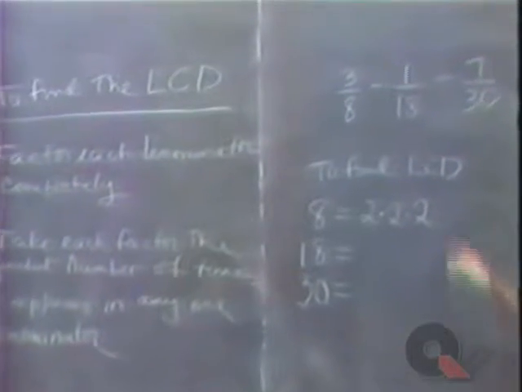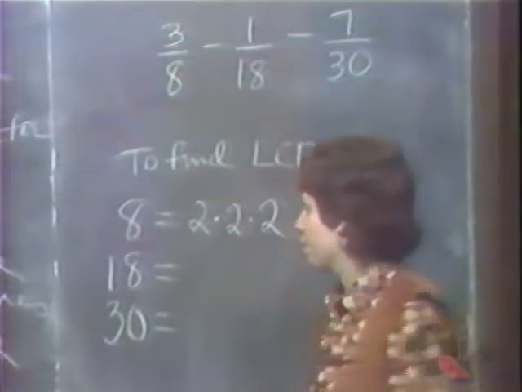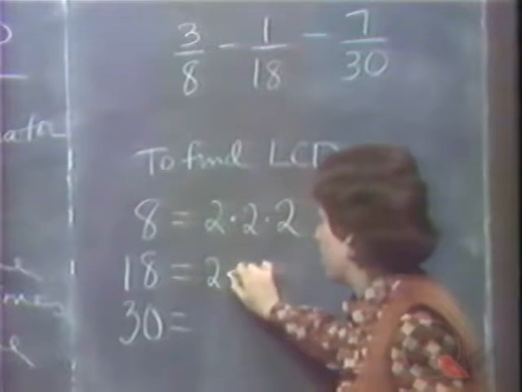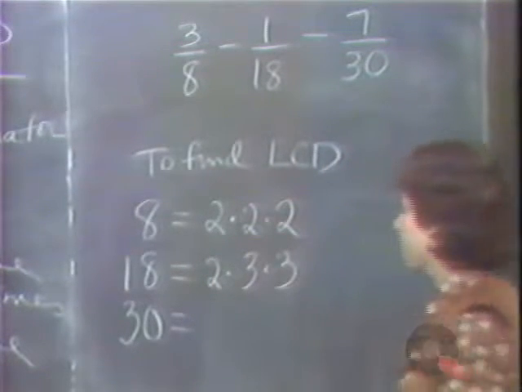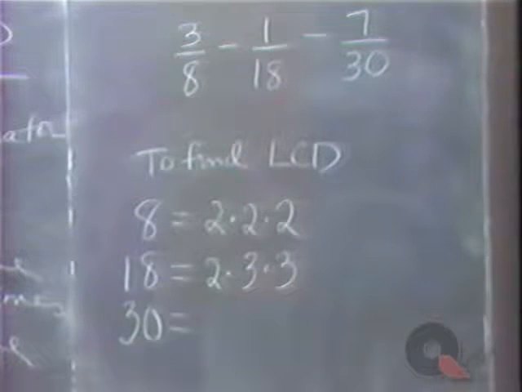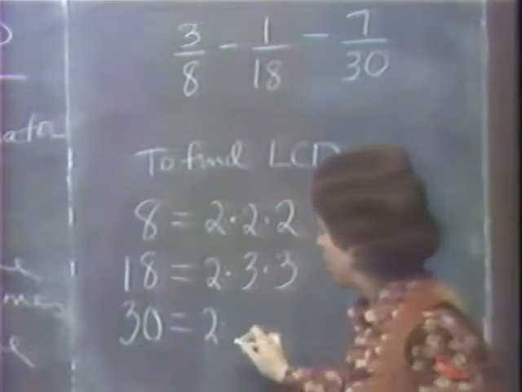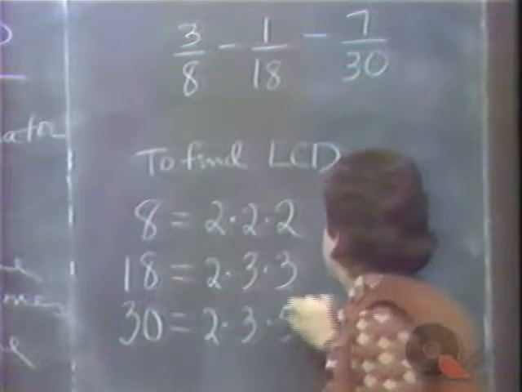So we have 2 times 2 times 2, a prime factorization of 8. 18 is 2 times 9, but 9 is then 3 times 3. And finally, 30 is 2 times 15, and 15 is then 3 times 5.